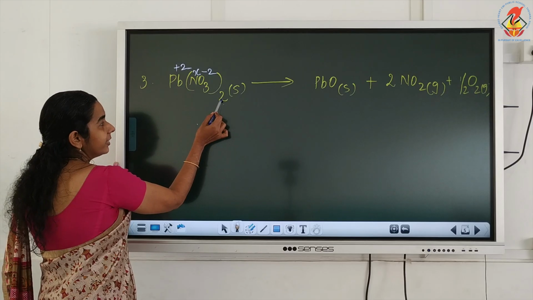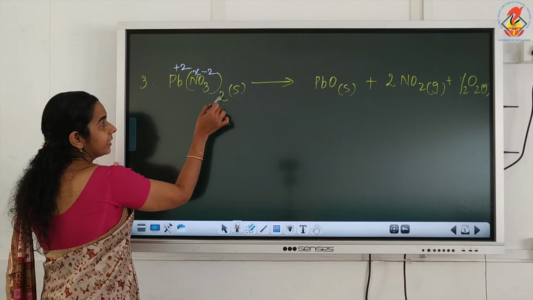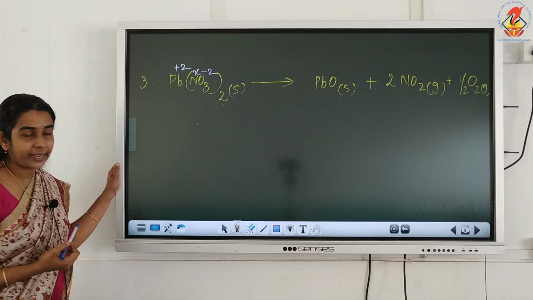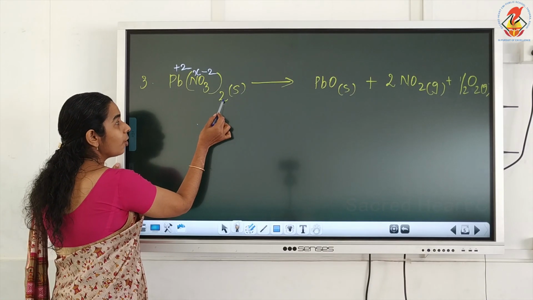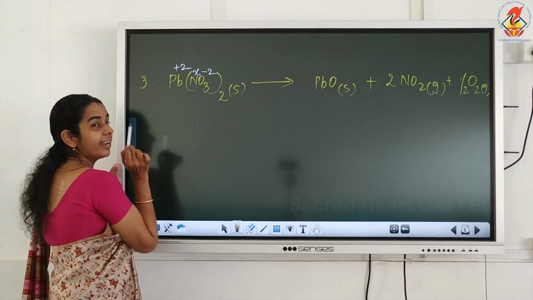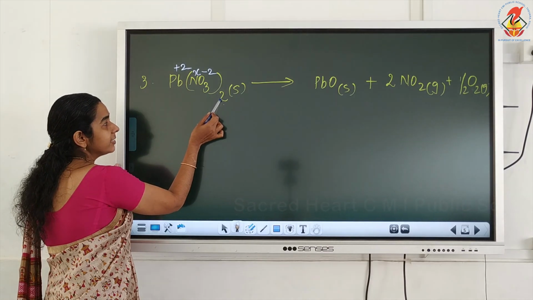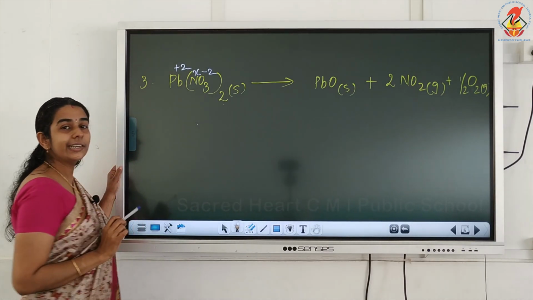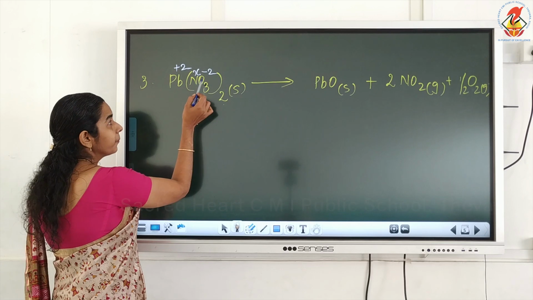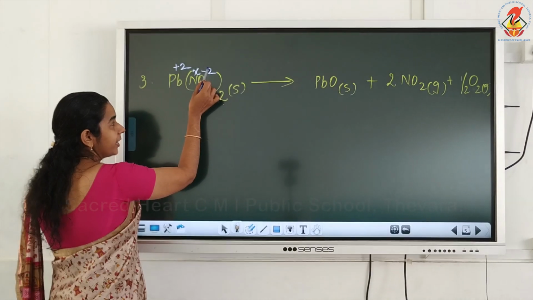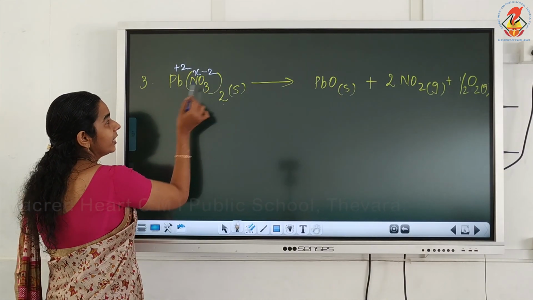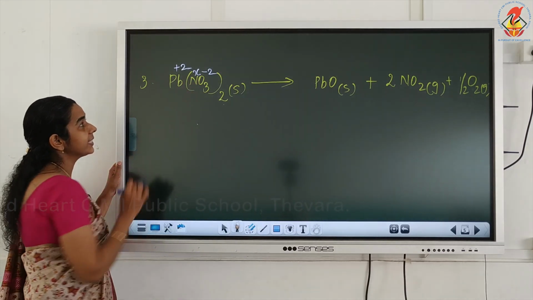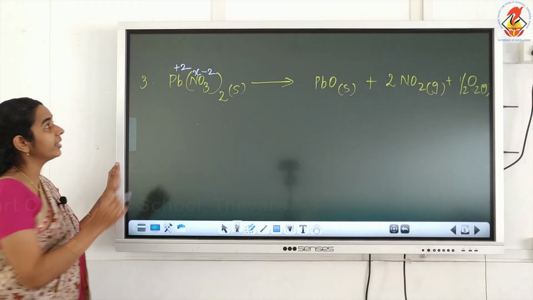Here there is one more 2 coming outside the bracket. This 2 is common for oxygen and nitrogen, but this 2 has no connection with lead. Oxygen is -2 into 3, it is -6. So how can we assign the oxidation number of nitrogen?